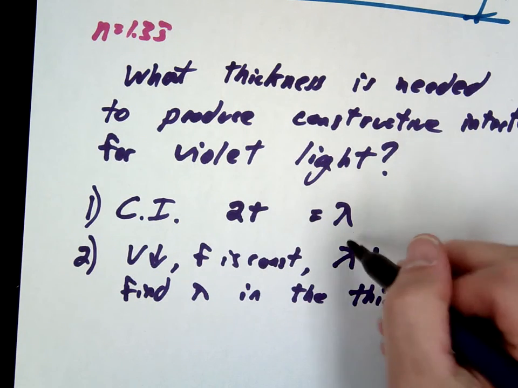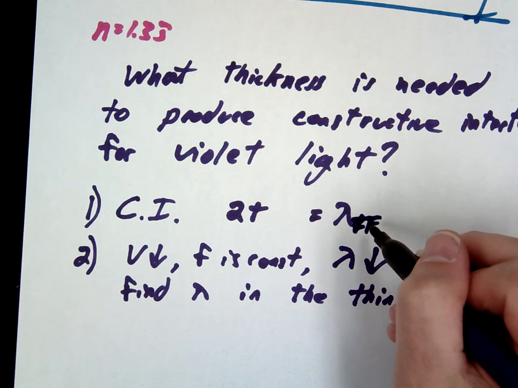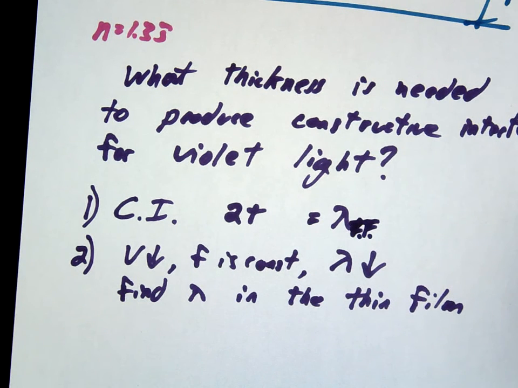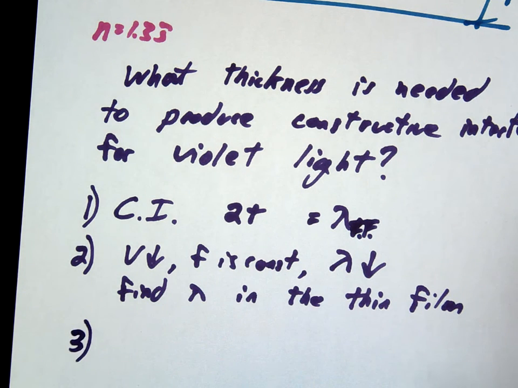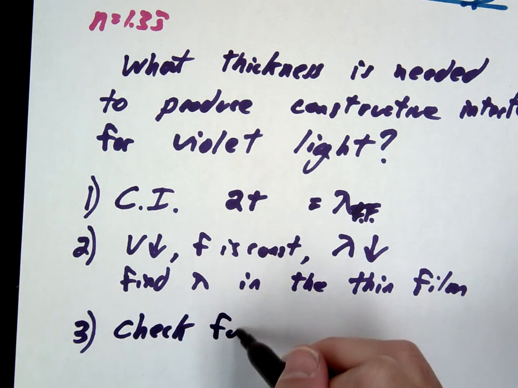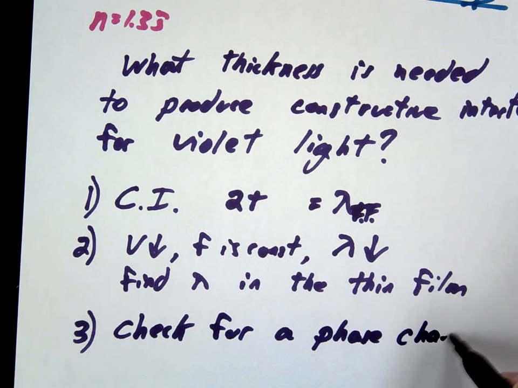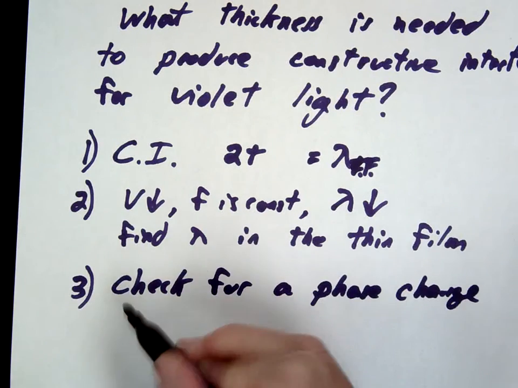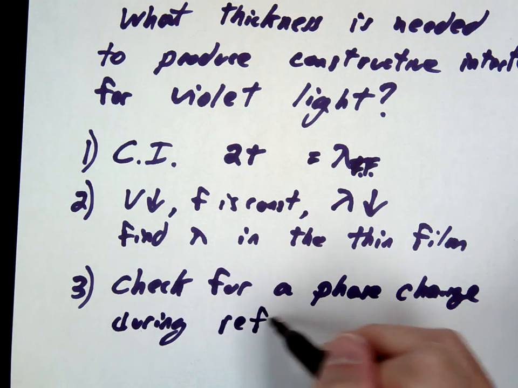Okay, so maybe we'll subscript this with TF, the thin film. All right, step number 3 is you have to check for a phase change during the reflection.